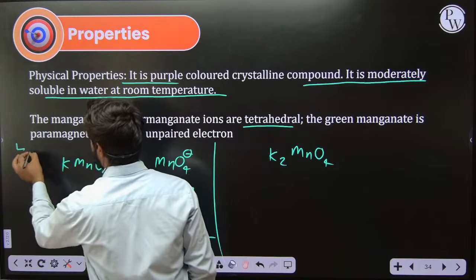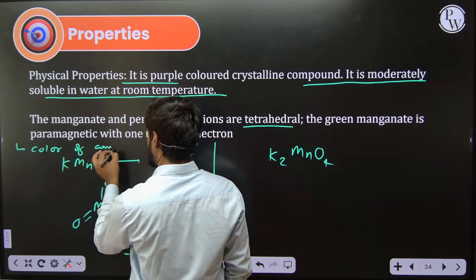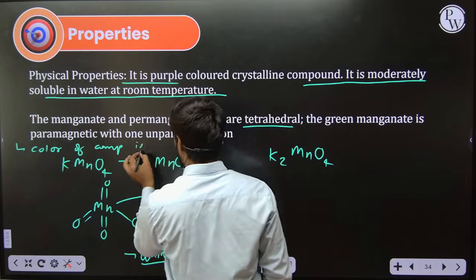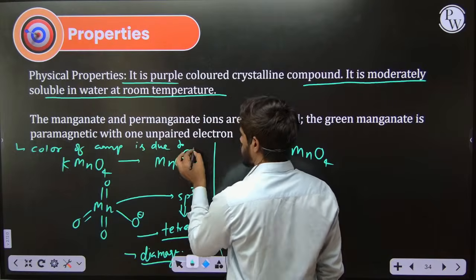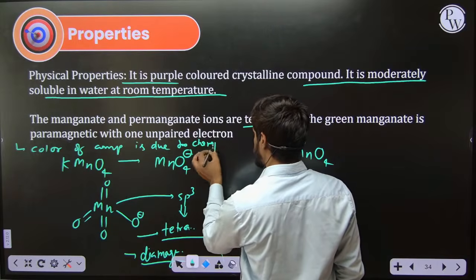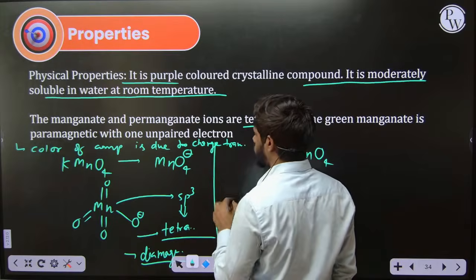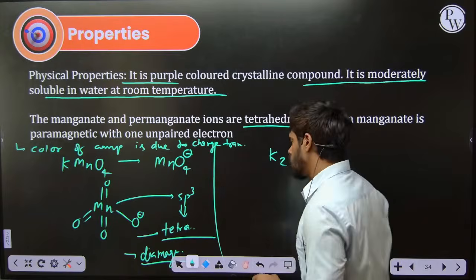Color of a compound is due to what? Color of this compound is due to charge transfer. So basically charge transfer occurs, and due to that we get color. So these are the properties.